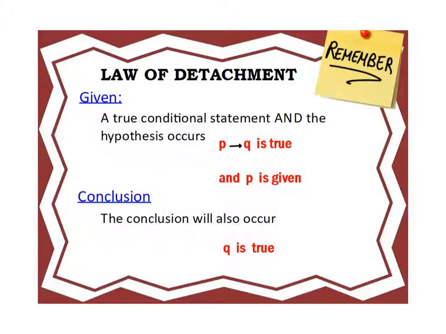For the law of detachment, and this is you trying to make some sort of conjecture. All right. If you are given a true conditional statement, so you have some sort of if-then statement, and you know that it's true, and you also are given that the hypothesis actually did happen, and sometimes it's more specific.